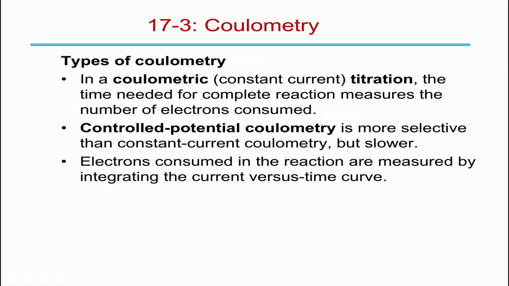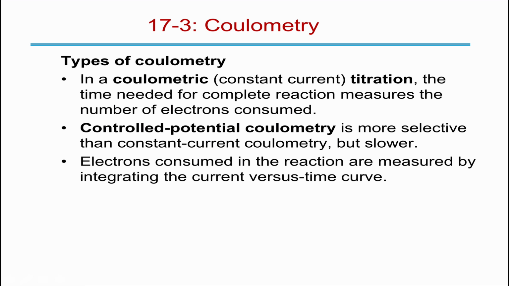There's essentially 2 ways we could do coulometry. One is constant current. We apply a constant current, and then we just measure the time it takes for the reaction to occur. That's a simpler system. What we typically do is controlled potential coulometry. We set the potential in the electrode. That allows us to absolutely guarantee that we're only producing, say, hydroxide in our case.